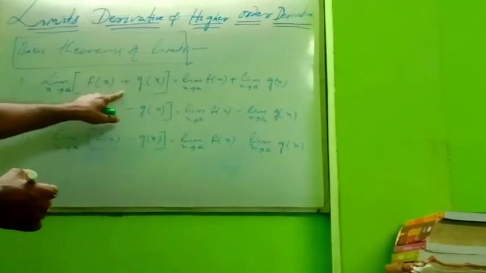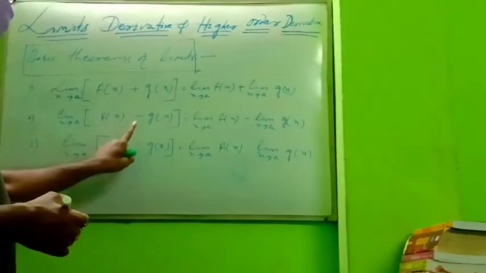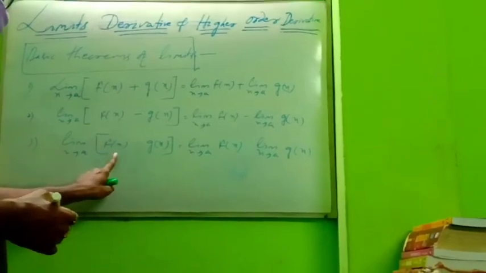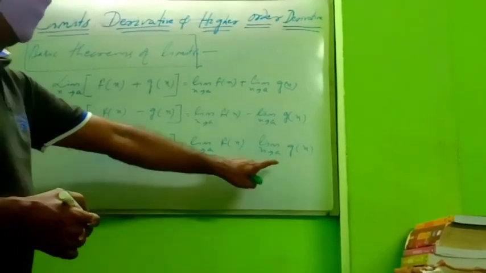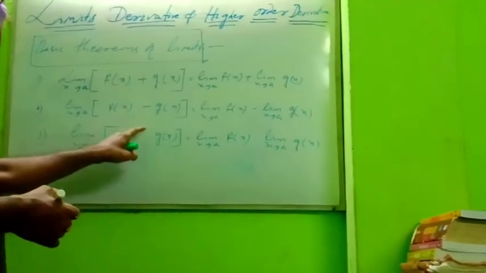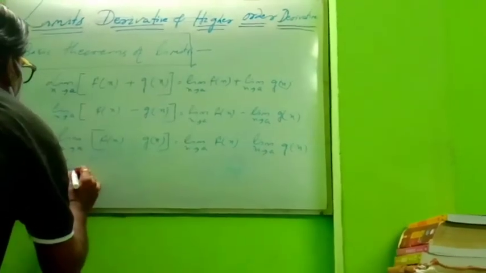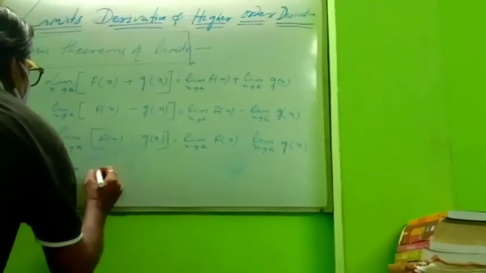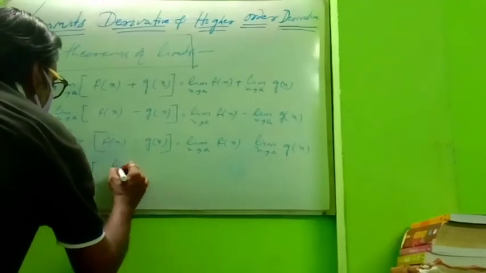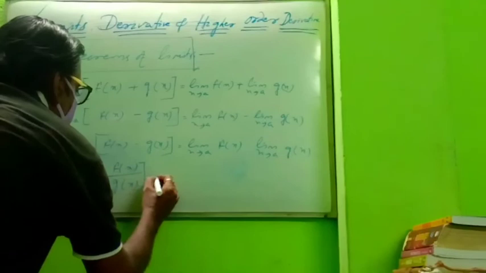In the case of sum, you are adding the limits individually, and the same process for difference. But here product means the limit of the first function into the limit of the second function. This is sum, difference, and this is product. Next one is quotient. Limit x tends to a. Suppose the function is given like this, f of x by g of x.